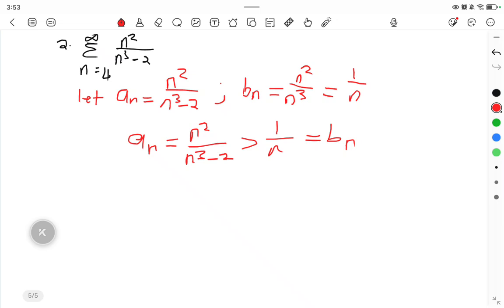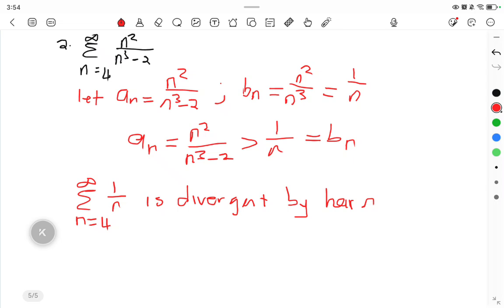Now that I know this is the case, I'll check the summation of bn. We know that this one is divergent by the harmonic series.